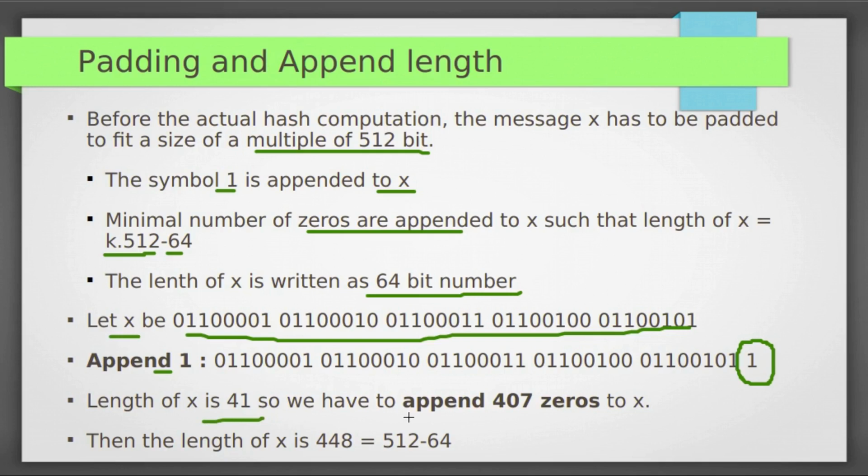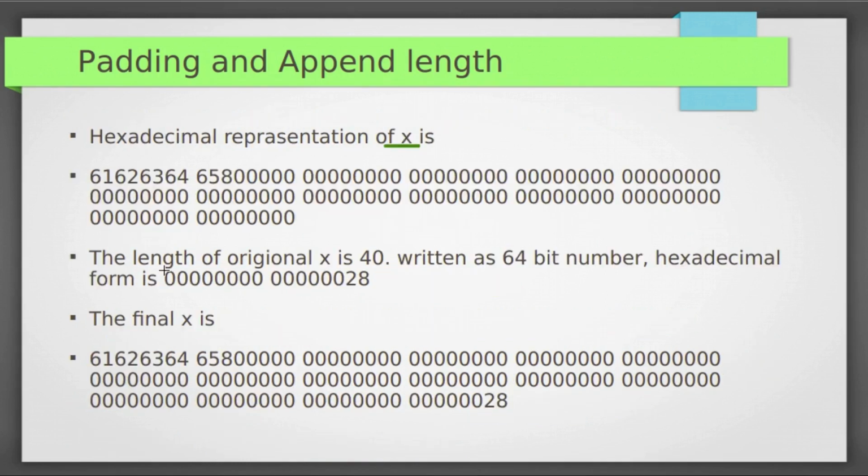So we have to append 407 zeros to message X such that length will be 512 minus 64. Then the length of X will be 448. 41 plus 407, it is 448, which is in this form. We have completed 2 steps and we need to perform third step.